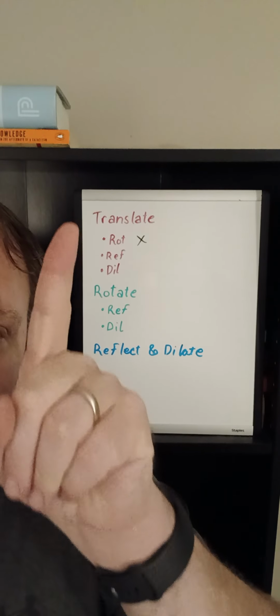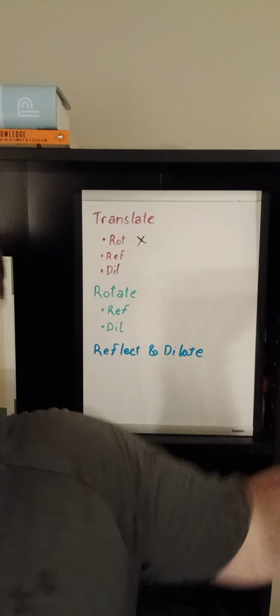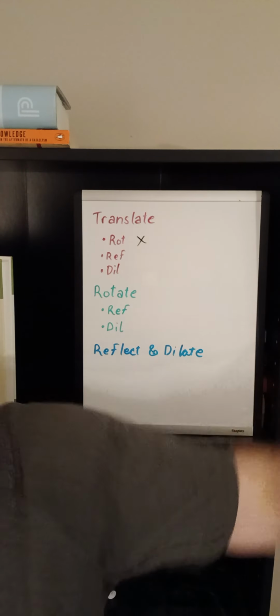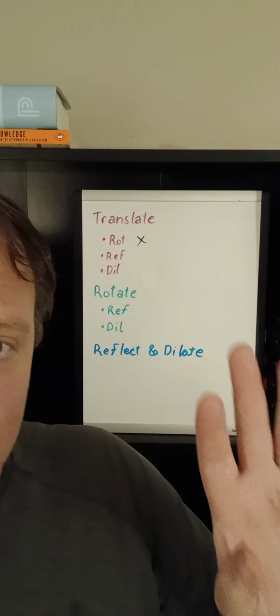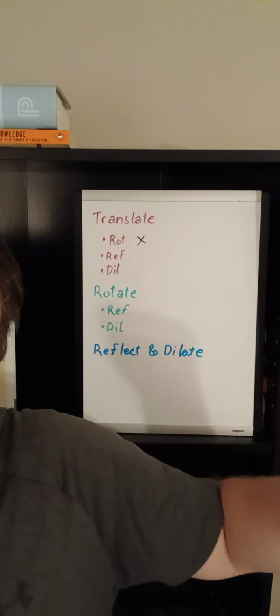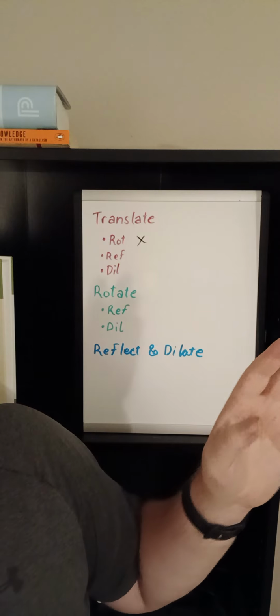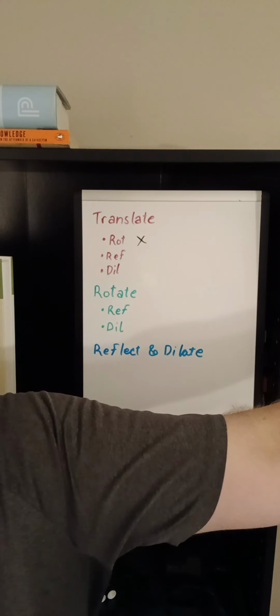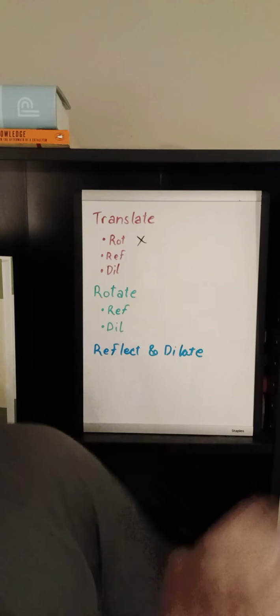Now, in the next one, we're going to do translate and reflect. So again, let's imagine taking the origin point, shifting it 2 out to the right, and then reflecting over the x-axis. It just stays right where it is. Now, think about doing it the other way around. You reflect so it stays right where it is. Then you shift to the right by 2. It goes to the same place.